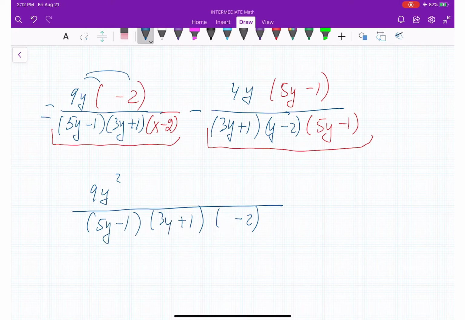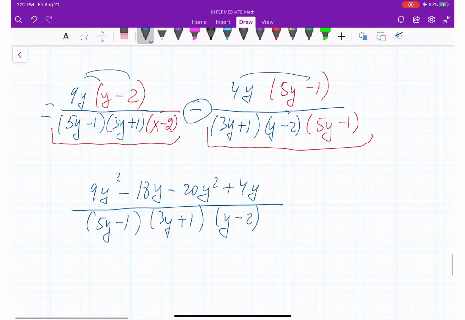So y. Okay, so 9y squared minus 18y. Since we have negative sign here, it's going to flip. Positive 20y squared will become negative 20y squared. And negative 4y will become positive 4y.